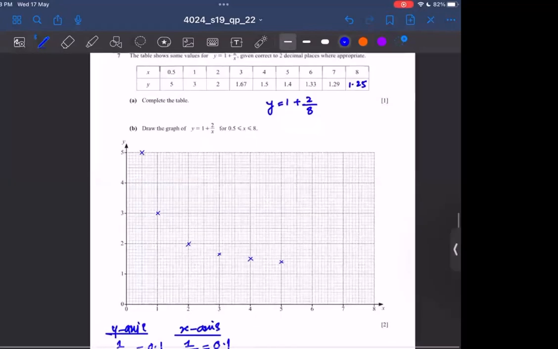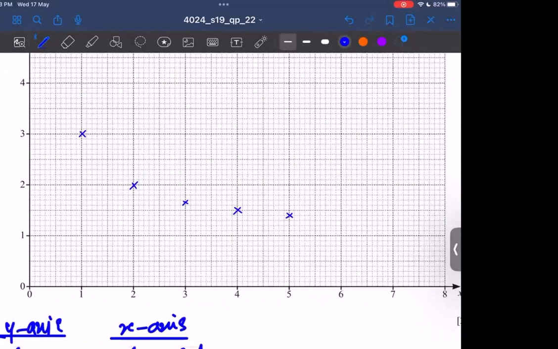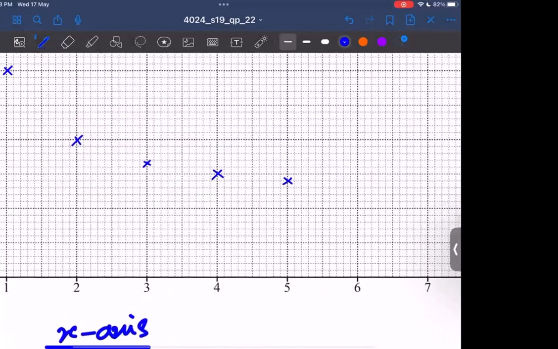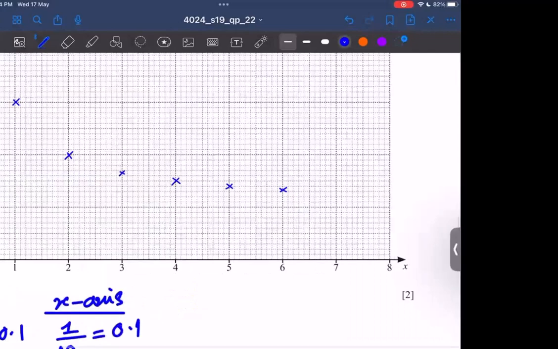6 at 1.33. So I got 1.3 here, 1.4 here, 1.3 somewhere over here. Then we have 7 at 1.29.